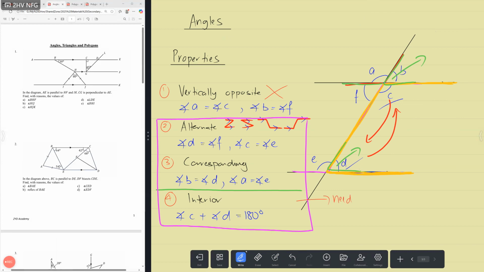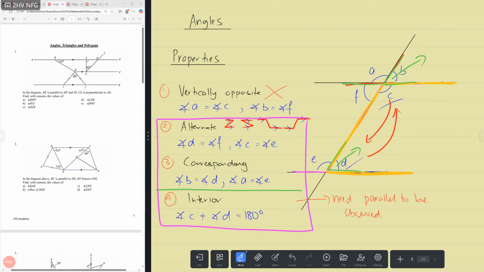So I will write this down: it needs parallel lines to be observed. If there are no parallel lines, you cannot have your alternate, corresponding or interior angles.